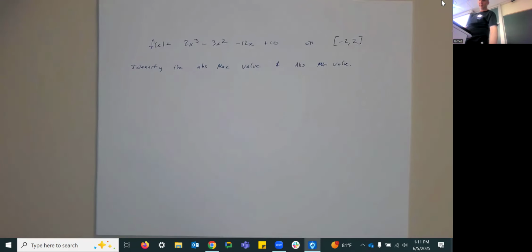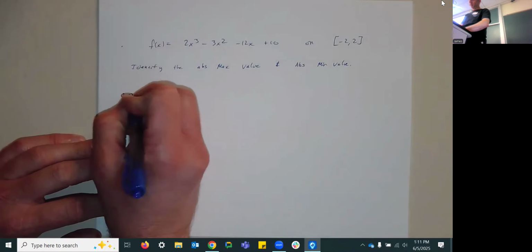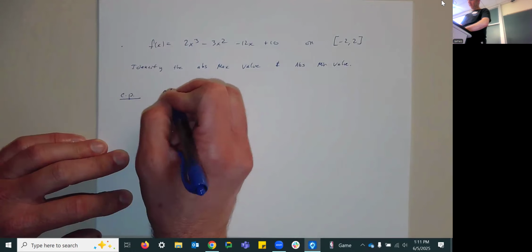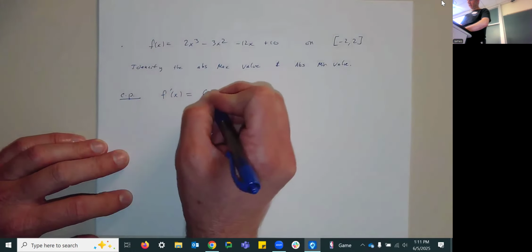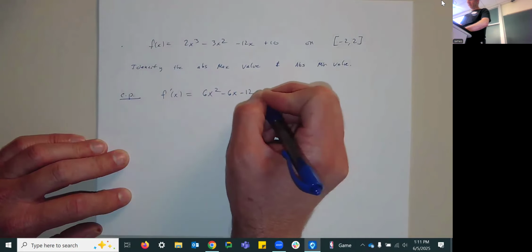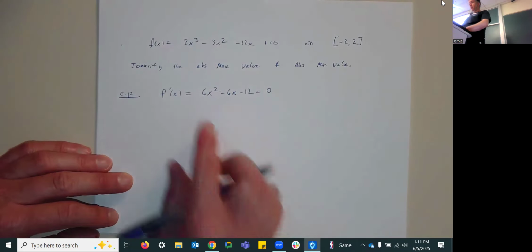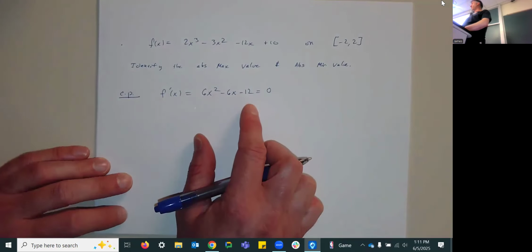Okay, first step in this process, find your critical points. We're going to take our derivative, which is going to be 6x squared minus 6x minus 12, set it equal to 0. We're fortunate here in that each of the components has a factor of 6.